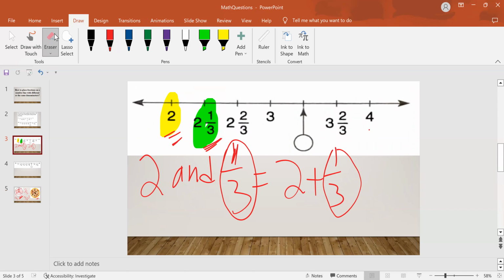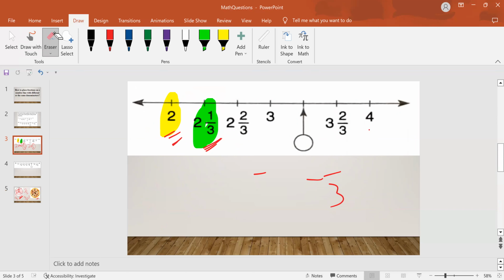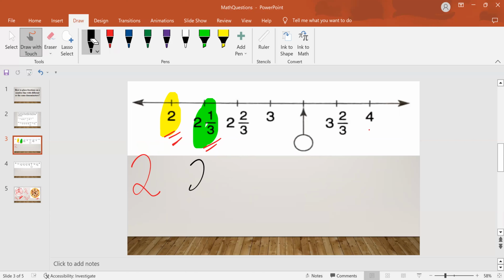Now let's come back. The concept is that they are adding 1/3 to the previous value to get the next value. We have a 2 first, then 2 and 1/3 because they add 1/3 to 2. Then you add another 1/3.